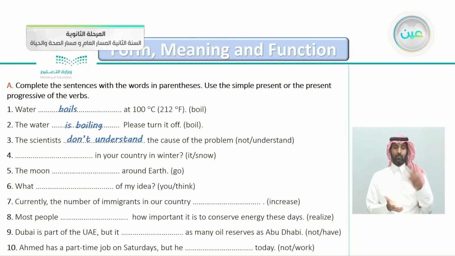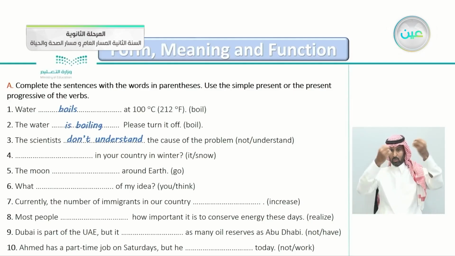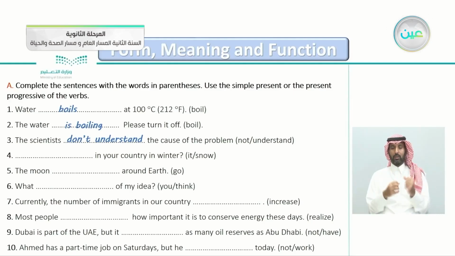Number 4, in your country in winter. This is a question here. In your country in winter, it snow. So the question is, yes, does it snow? Does it snow in your country in winter? So he's asking here about a routine or a fact about your country.